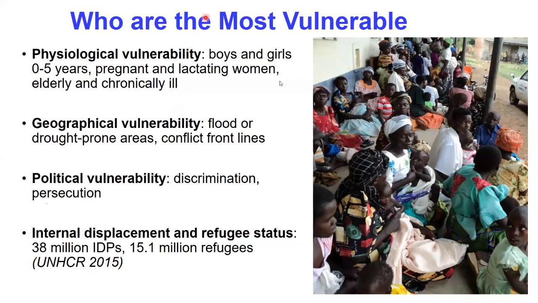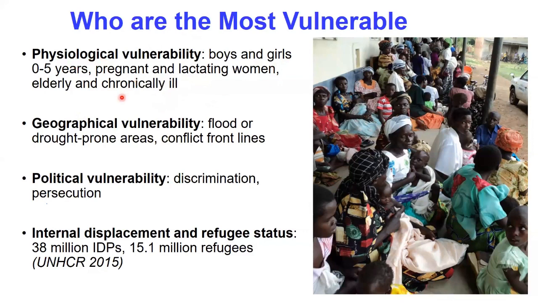So who are the most affected or vulnerable? These are the boys or girls, children who are under 5, and pregnant and lactating women. That's why pregnancy is key in terms of ensuring good, appropriate nutrition. Otherwise, in our country about 11 to 15% of newborns are low birth weight, and nutrition is a key contributor to this.